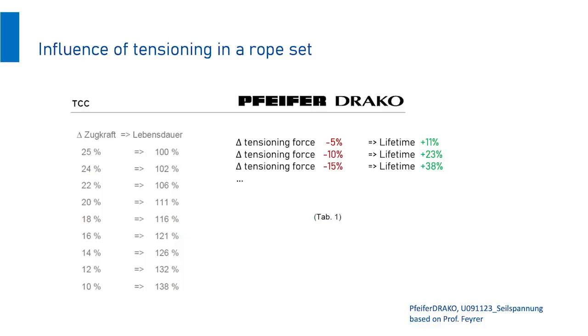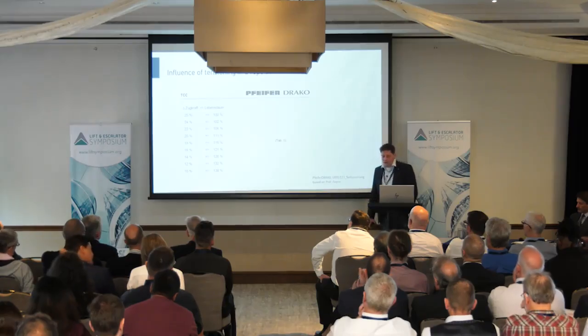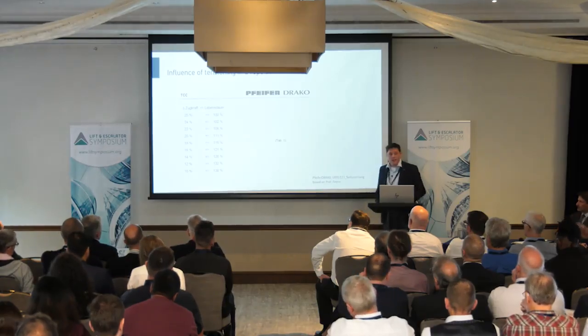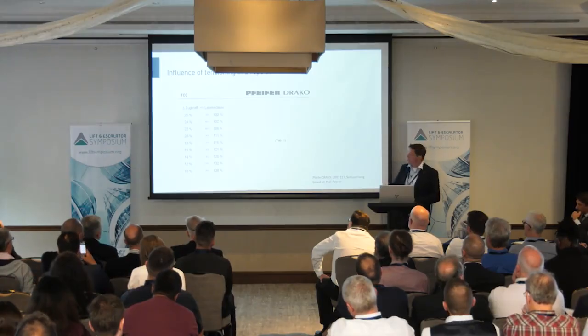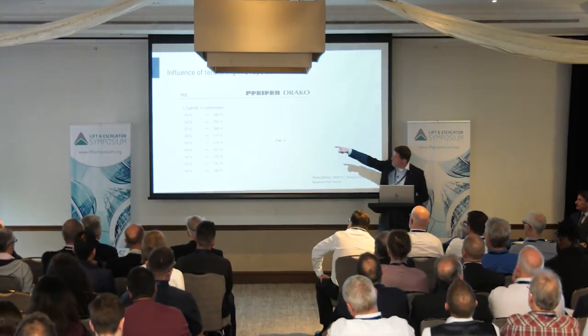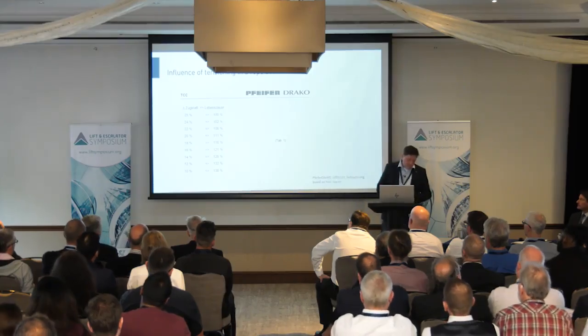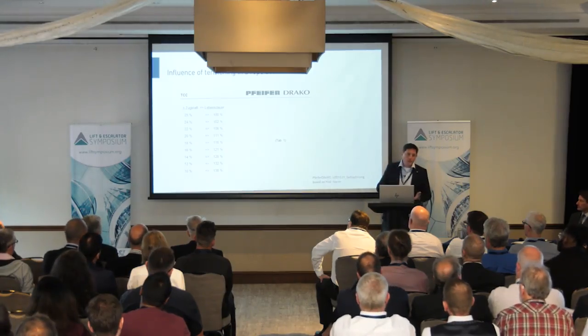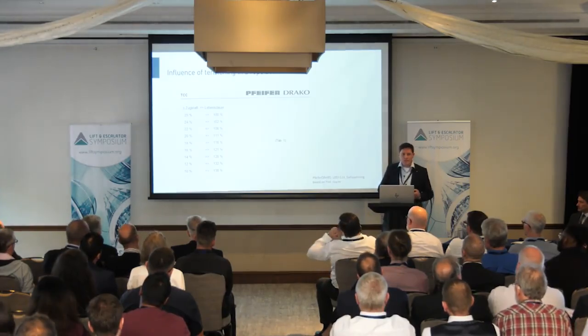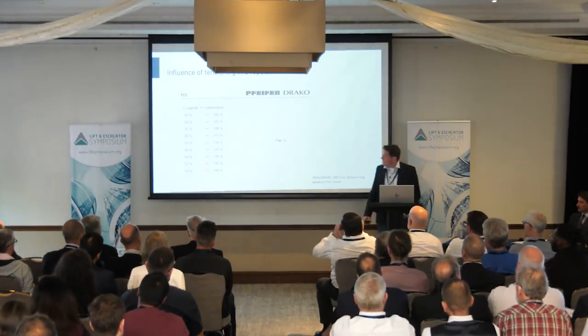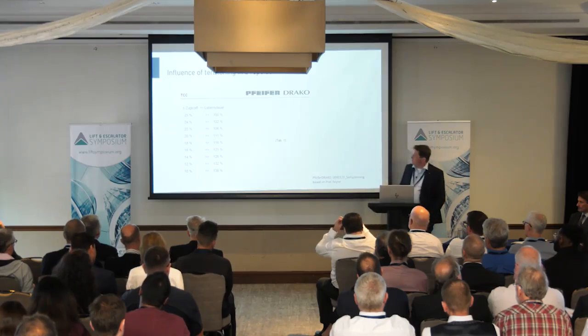And the company Pfeifer Drako, which is a rope manufacturer, wrote a white paper some years ago using this formula from Feyrer and showing how much the tensioning within a rope set is influencing the rope lifetime. It was a German paper, so the left column, Zugkraft, or delta Zugkraft, means the deviation between the most and least tensioned ropes. And Lebensdauer is the lifetime, the right column.